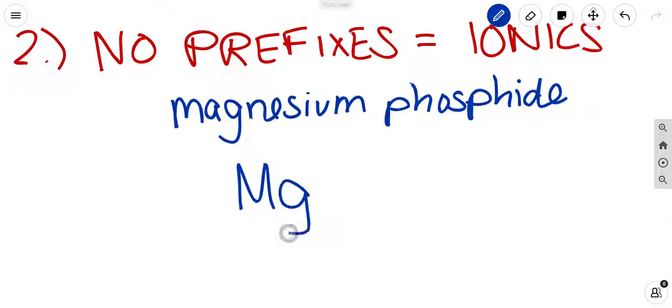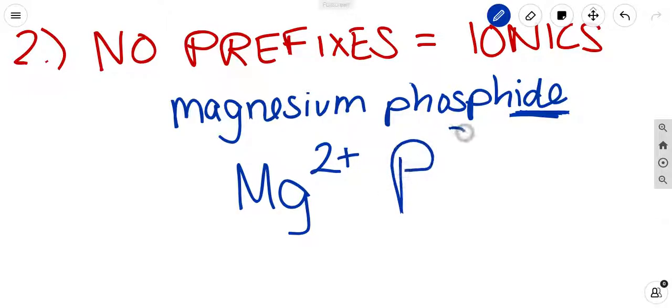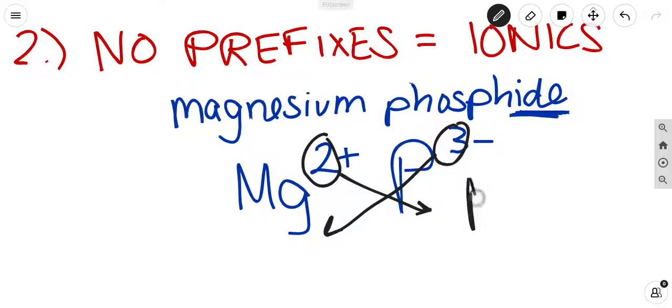Magnesium has 2. Phosphide ends in ide, so it comes from the table. It needs 3. All right, my charges are not the same, so I crisscross. And I'm left with Mg3P2. All right, so no prefixes are ionics.